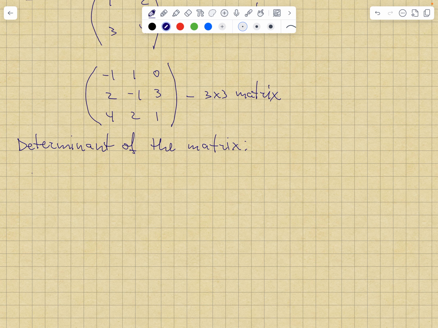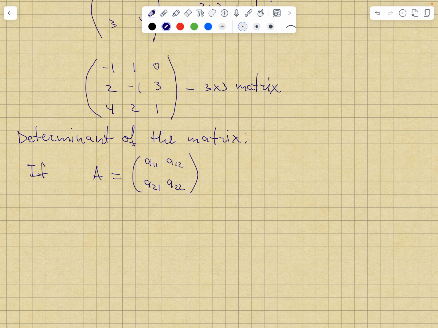So if matrix A with components A11, A12, A21, A22, now these are just numbers that enter into the matrix. These are called indices, and they simply indicate the first index indicates a row in which a number is going to be, and the second index indicates a column. So, for instance, A21 is somebody who is in a second row in the first column.